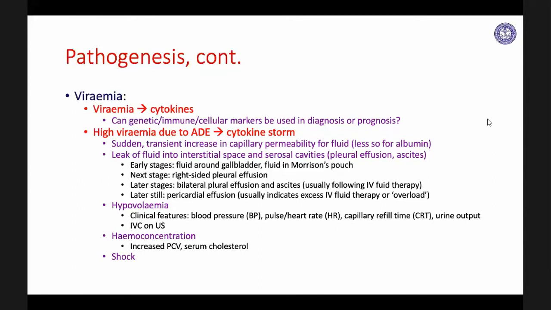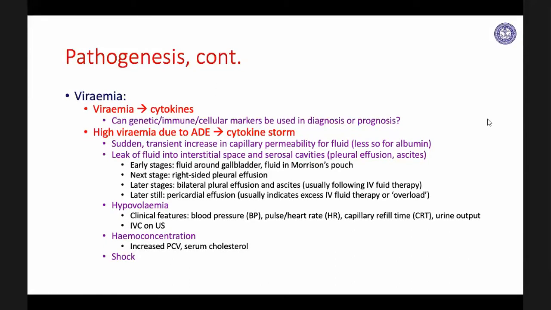Then in later stages, if there's further leakage, they can get bilateral pleural effusions as well as ascites. That usually happens if the patient has been given IV fluids. If the patient has not been given IV fluids, it's very unusual to see bilateral pleural effusions or ascites. It's possible, but large effusions or large ascites are certainly associated with IV fluid therapy.